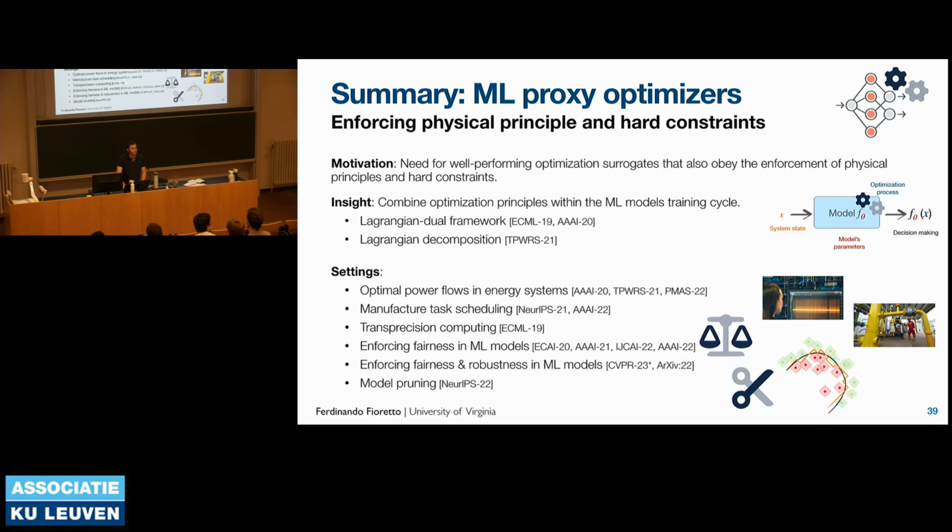Yes? Can this be used for any Lagrangian decomposition? So the question is, can you use this for any Lagrangian decomposition? We tried this with a few types of decompositions. Lagrangian decomposition is one, so as long as you have the appropriate structure, that should do the trick.